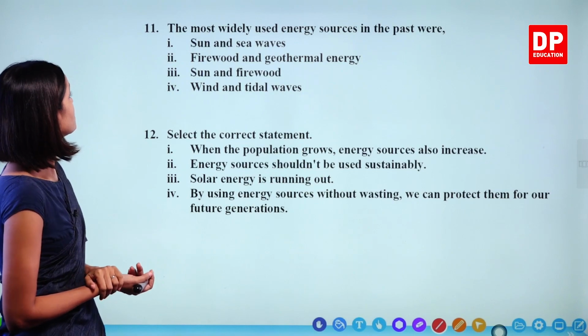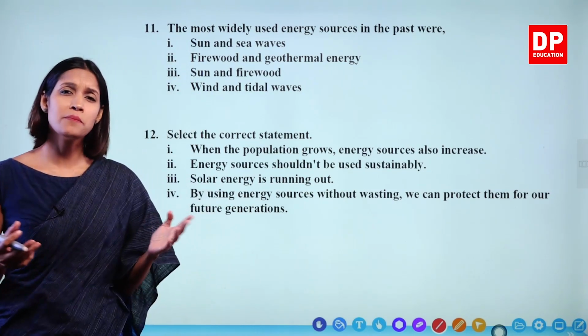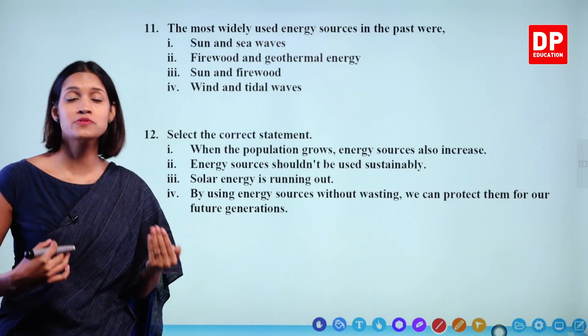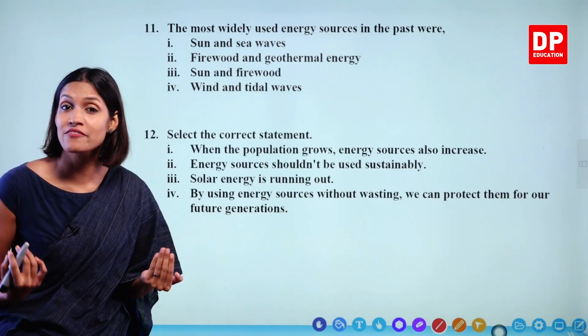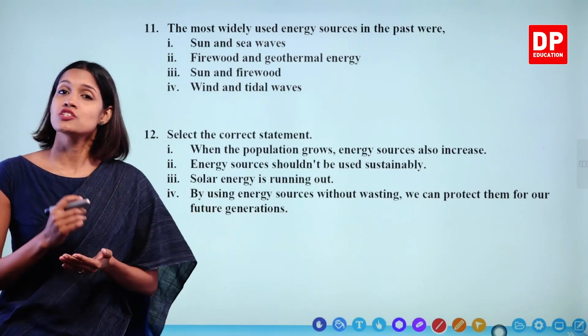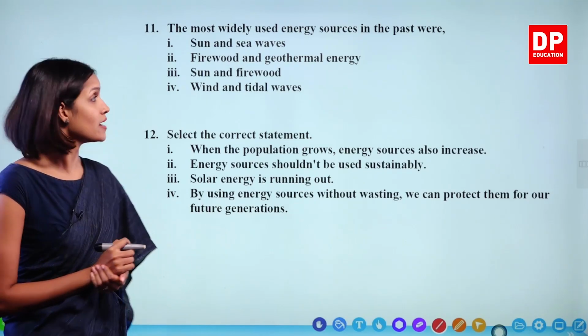Number 11. The most widely used energy sources in the past were. In the past, about 200 years back, people did not have different types of machines. They did not have the technology. So basically they used solar energy and wind energy in order to get their work done, right children?